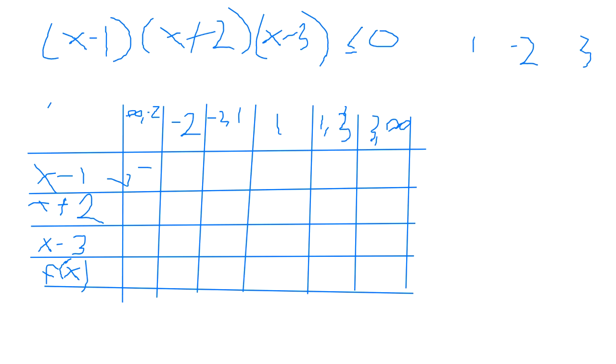In x minus 3, I get negative. So negative times negative times negative gives negative. Negative times negative is positive, times negative again gives negative.